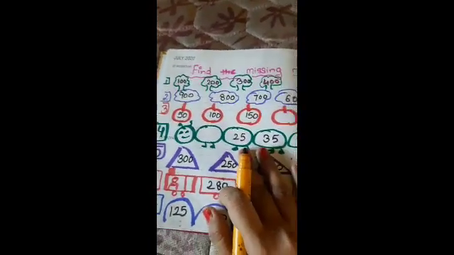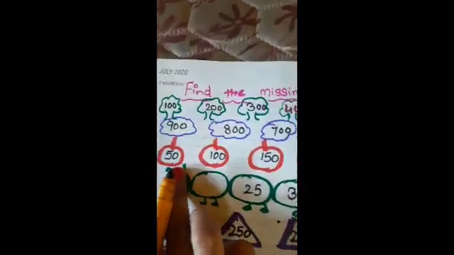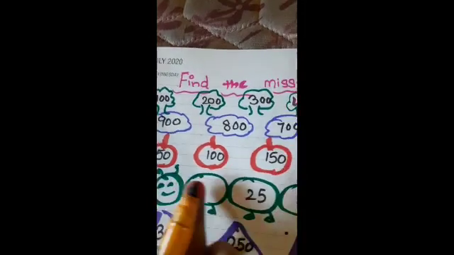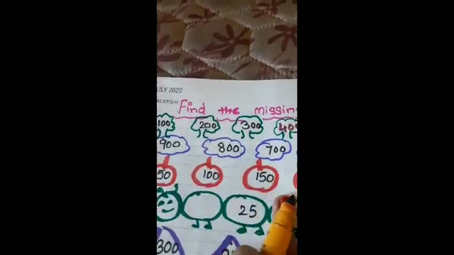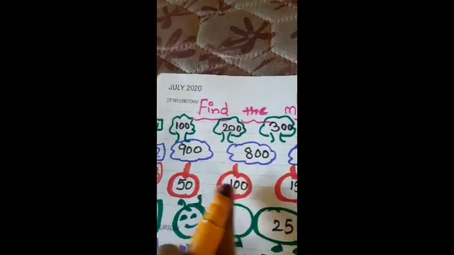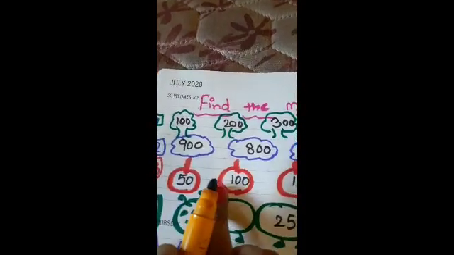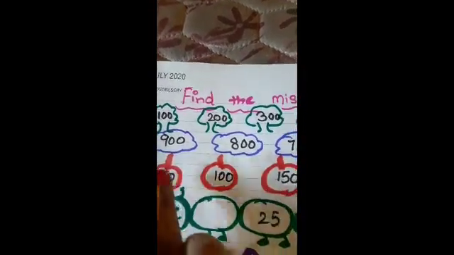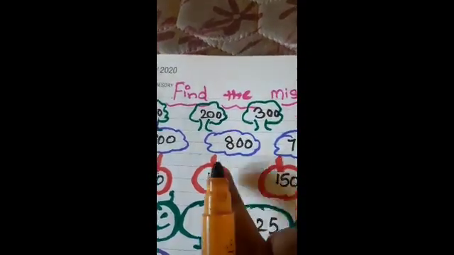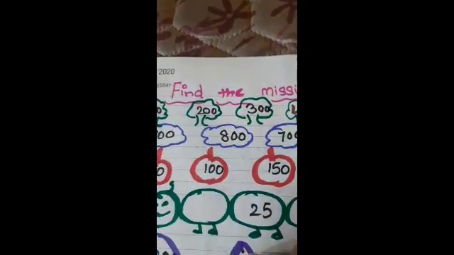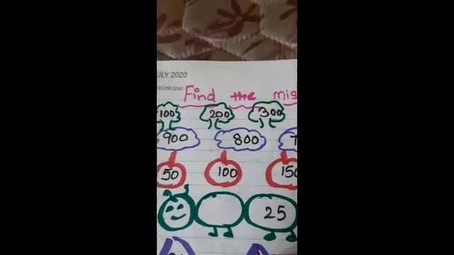Now, the third one, it is 50, 100 and 150. So from 50 to 100, there is a gap of 50, right? From 100 to 150, again there is a gap of 50.